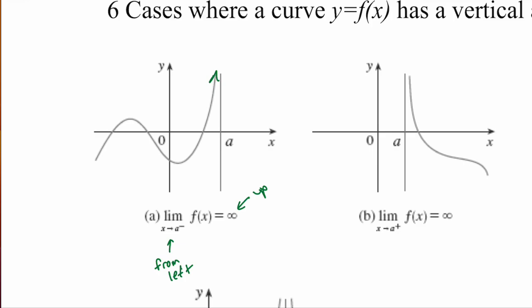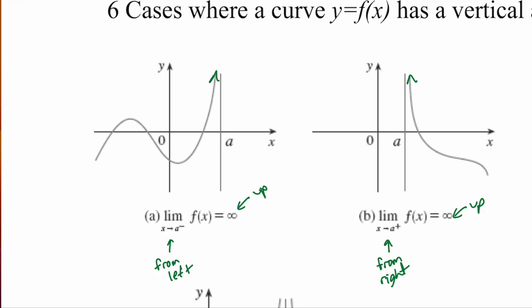In B, we are coming in from the right, and we are going up. So they're talking about this end right here, okay? So that's a left or right-sided limit that is positive infinity.